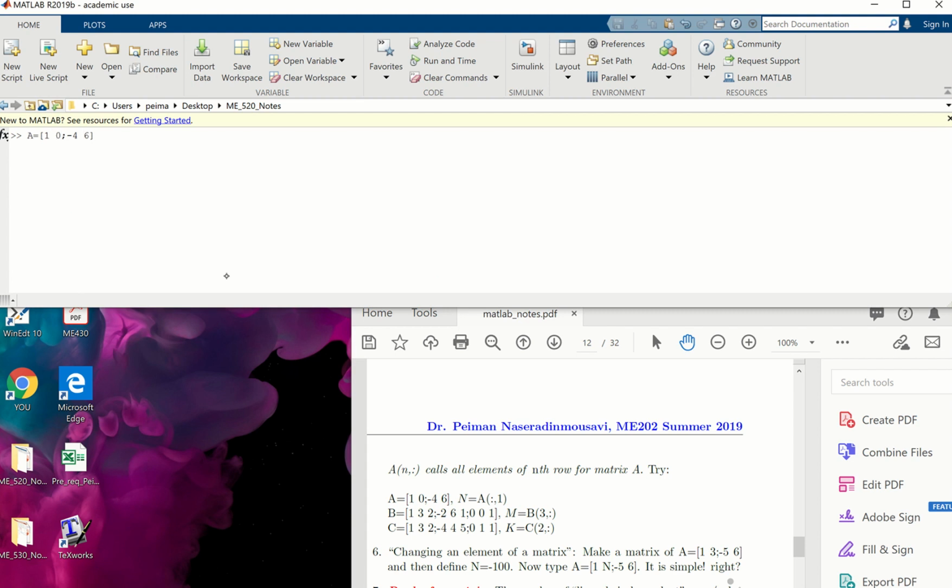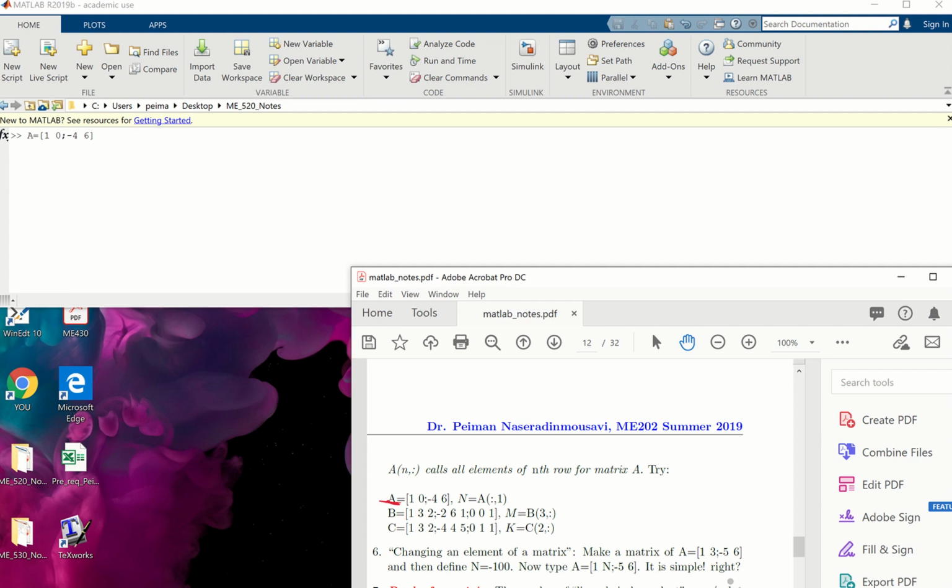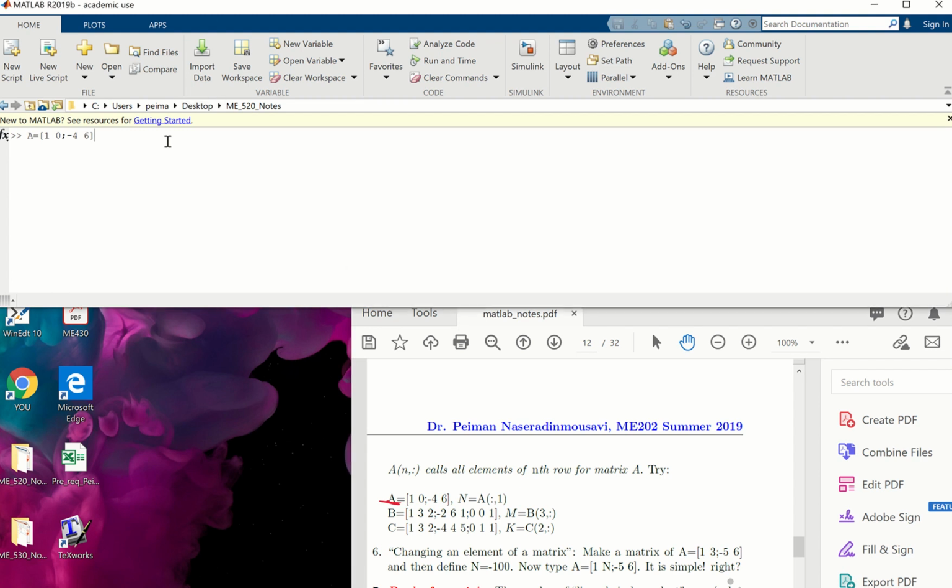If I say A(:, 1), it means show me all rows of the first column.